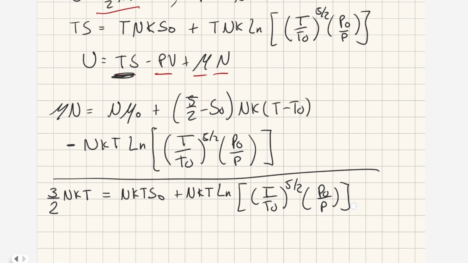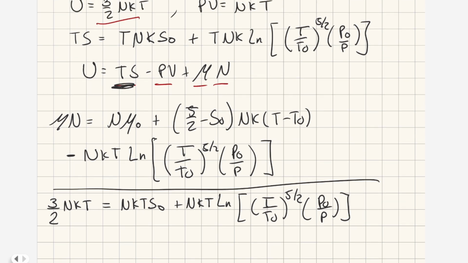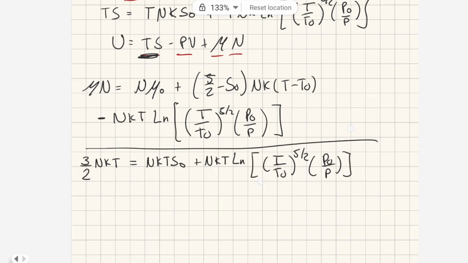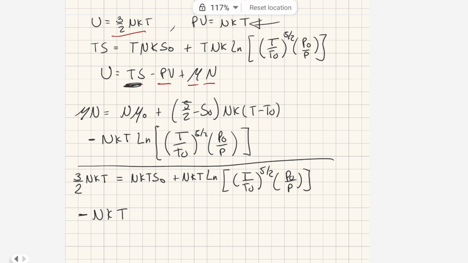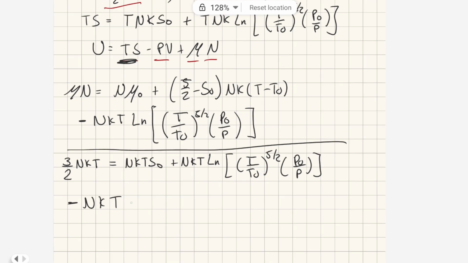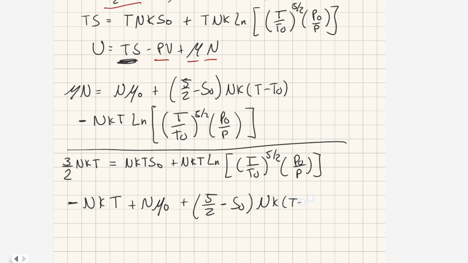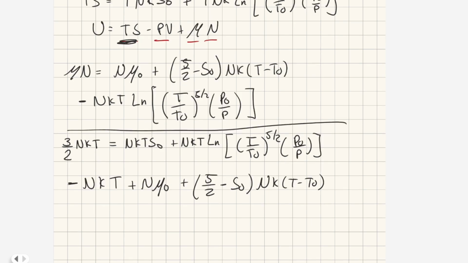Then we will have minus PV, but minus PV is minus nkT due to this equation. So that is minus nkT. Okay, and then plus μn. So that is plus nμ0 plus (5/2 − S0)nk(T − T0), minus nkT times the natural log of (T/T0)^(5/2) times P0/P.